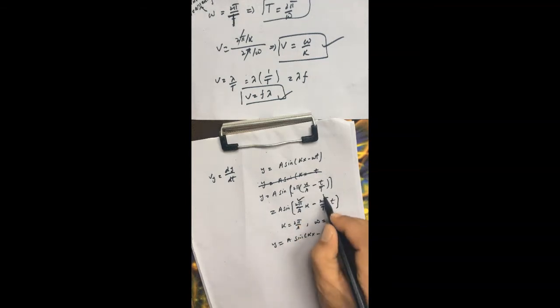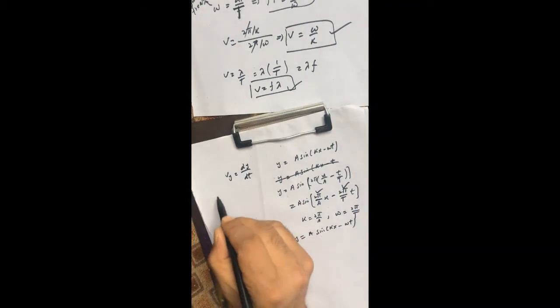And we define k equal to 2 pi over lambda and the angular frequency omega equal to 2 pi over T. So the wave expression will become A sine of (kx minus omega t). Here I replace this by k and this one by omega.